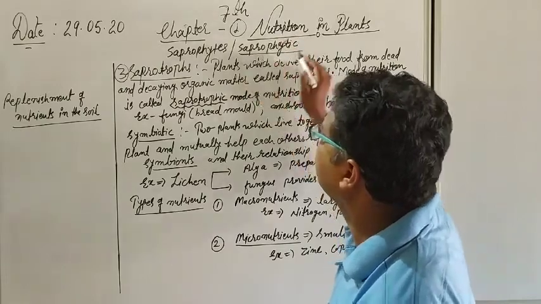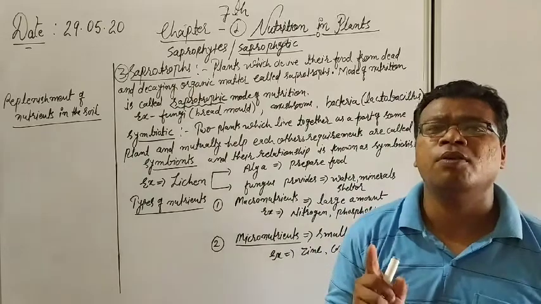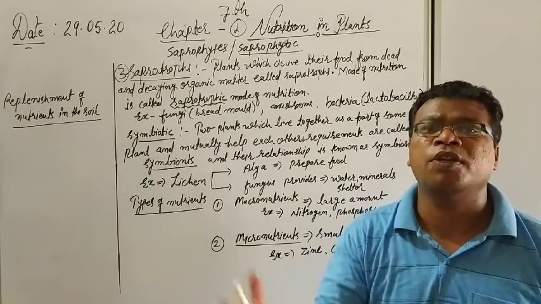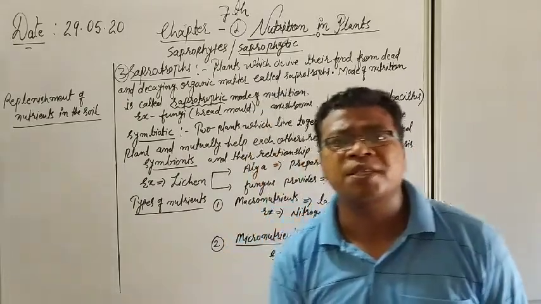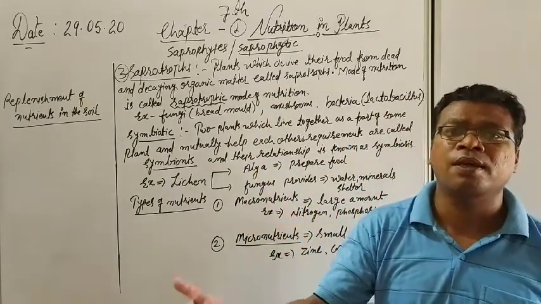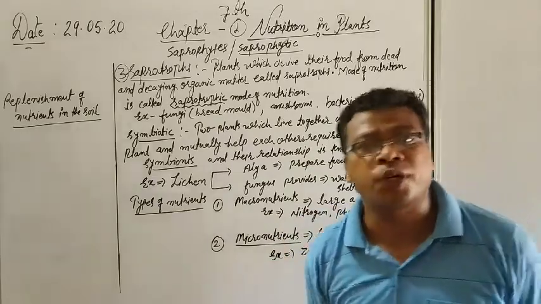You only have to remember one name. If you remember saprotrophs, the mode of nutrition is saprotrophic mode of nutrition, and another name is saprophytes, so the mode is saprophytic mode of nutrition.